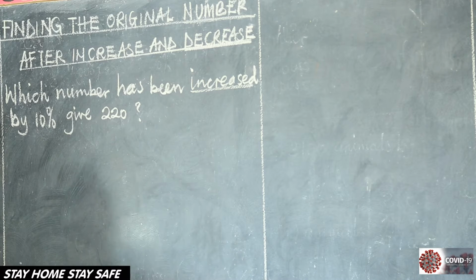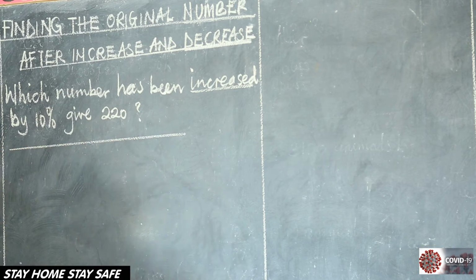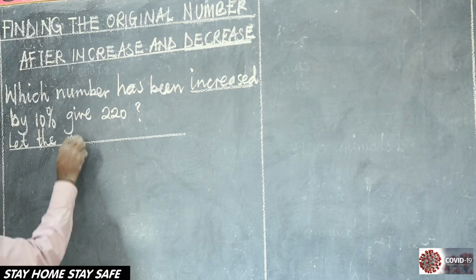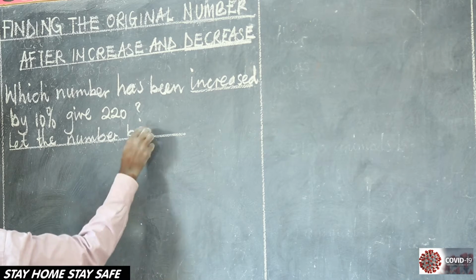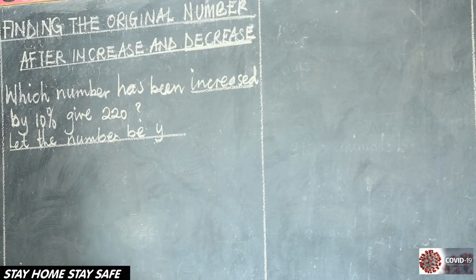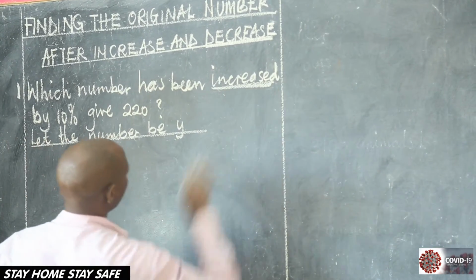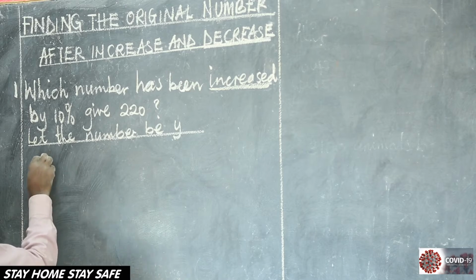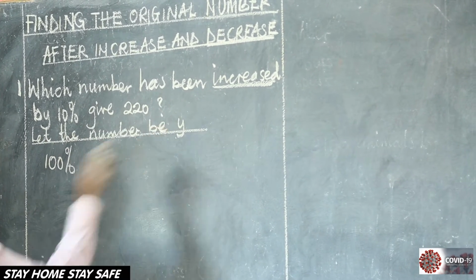So you assume that number to be any unknown. So we can say, let the number be, maybe y. Let the number be y. But I'm talking about increasing. If I'm talking about increasing, it means the original percentage is 100%, but I'm now increasing.